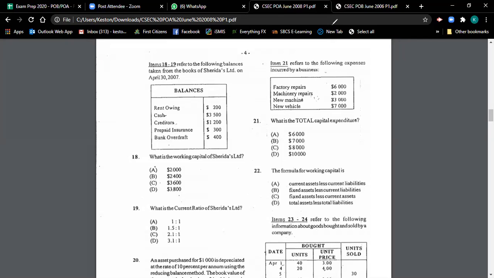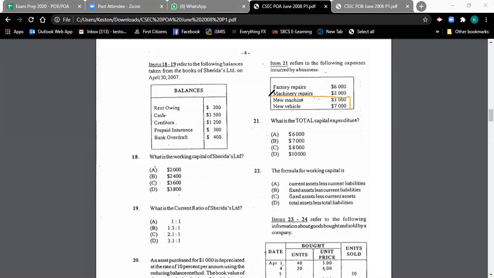Yep, very good. Everybody have it right. $10,000. Looking at purchasing a new machine and a new vehicle. That's capital expenditure. And what do you call this one again? Start with R. R something expenditure. Everybody remembers? Revenue expenditure. Very good, Avisha.